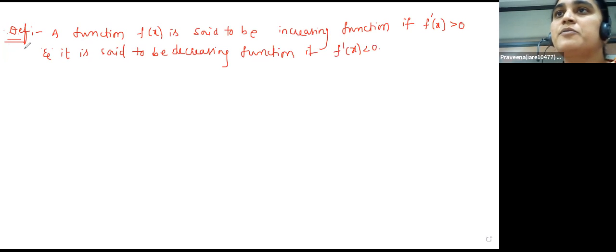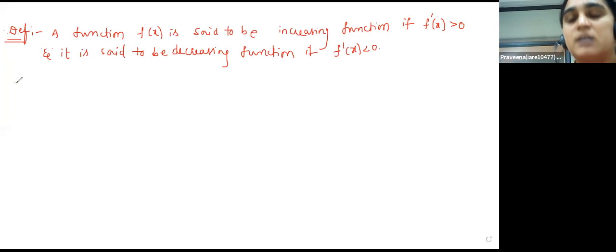Okay, is it clear? All of you note down this definition. According to that, I will explain the first problem. A function f of x is said to be increasing when f dash of x is greater than 0. If f dash of x is less than 0, then it is a decreasing function.